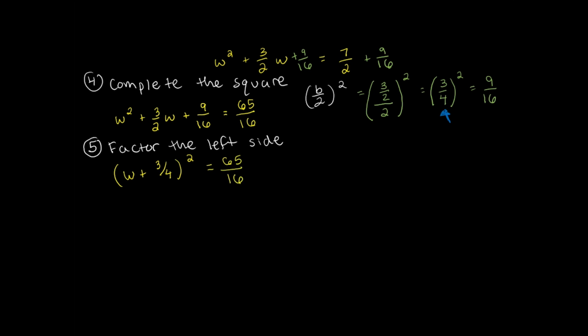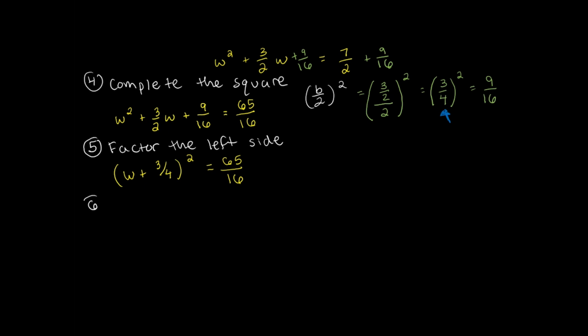I don't really have to think about how I'm factoring this thing with really nasty fractions. The whole reason we're doing what we're doing is so that it factors and makes it easy to factor, because we already found what that number was. So I have W plus 3/4 squared equals 65/16.